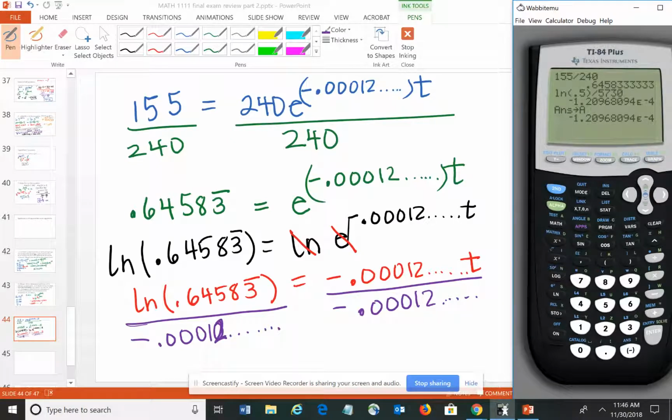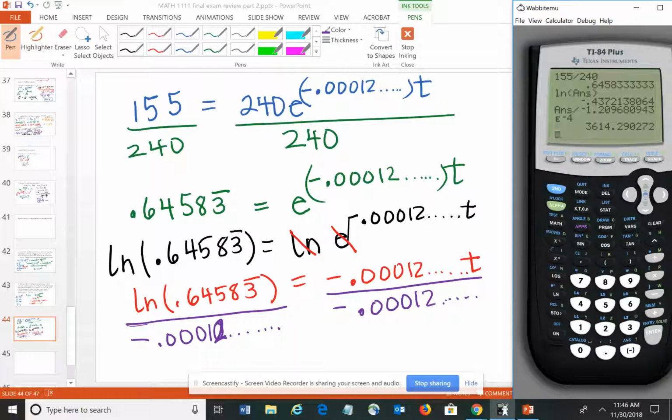Natural log of 155 divided by 240, which equals that decimal number. I take the natural log of that decimal number, and then I want to divide it by the number that I stored. To get it back, I press second, store, alpha A, and it pops that big long decimal back in there, and it gives us a value.